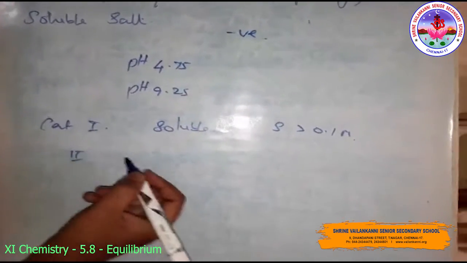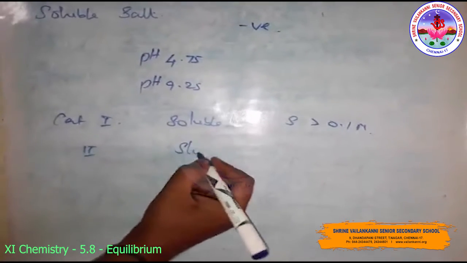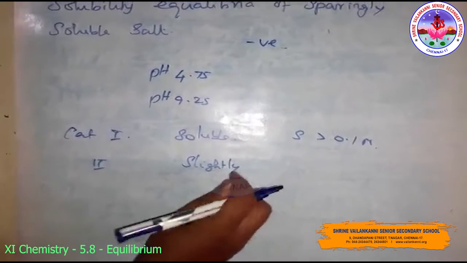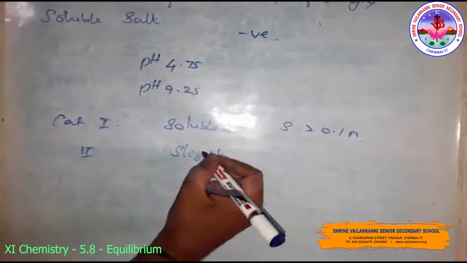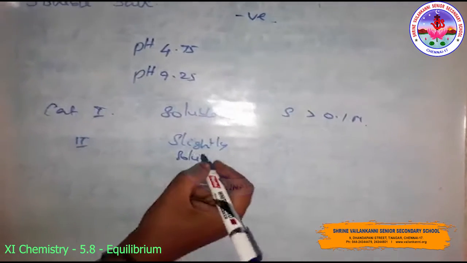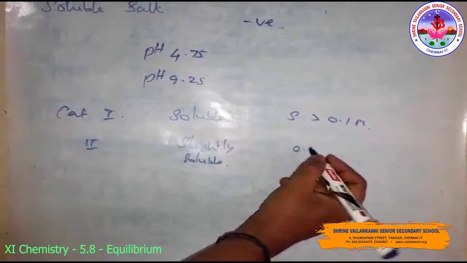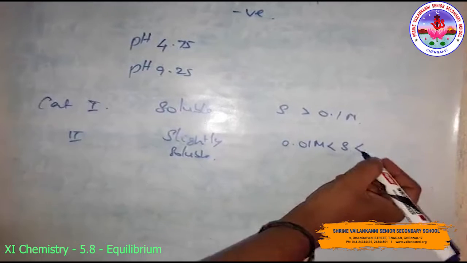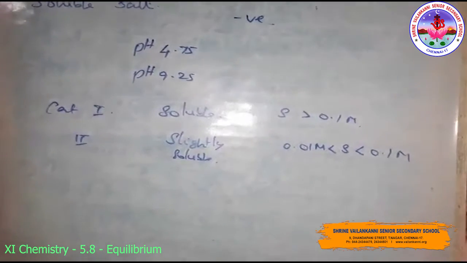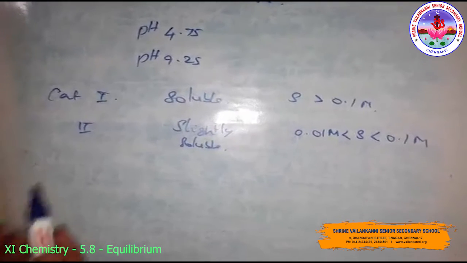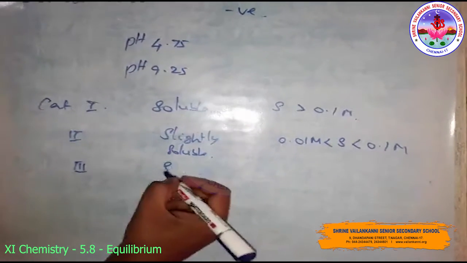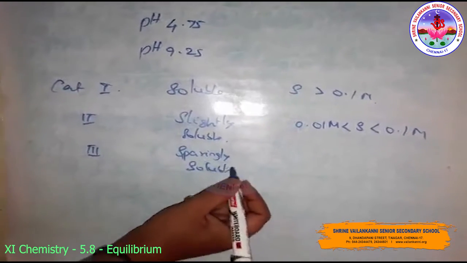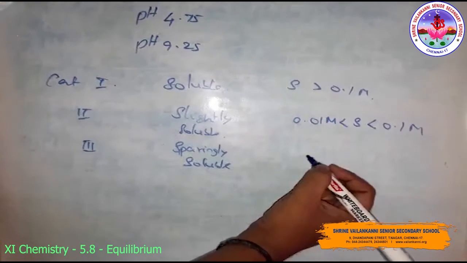Category 2 is slightly soluble: solubility is between 0.01 molar and 0.1 molar. Category 3 is sparingly soluble: solubility is less than 0.01 molar.